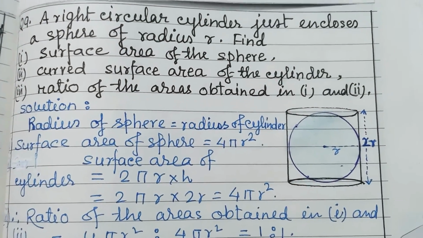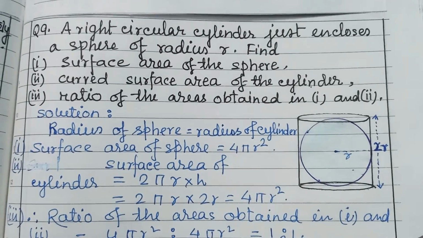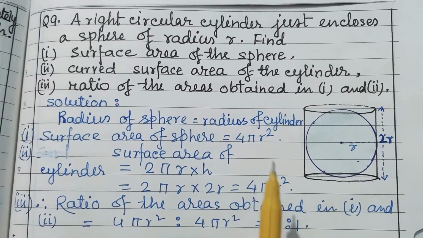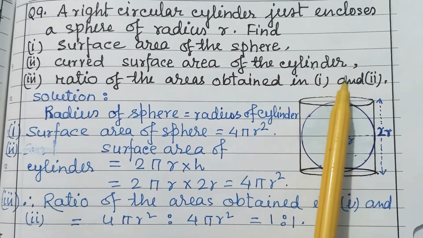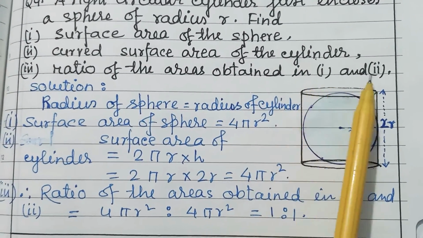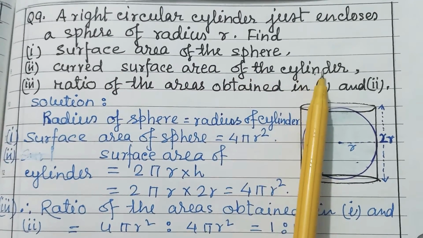Now it is the last question. The right circular cylinder just encloses a sphere of radius r. You have to find the surface area of the sphere. Next, the curved surface area of the cylinder. Third, the ratio of the areas obtained in 1 and 2, meaning the surface area of the sphere and the curved surface area of the cylinder.